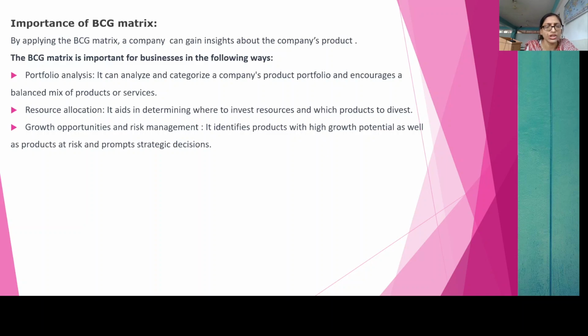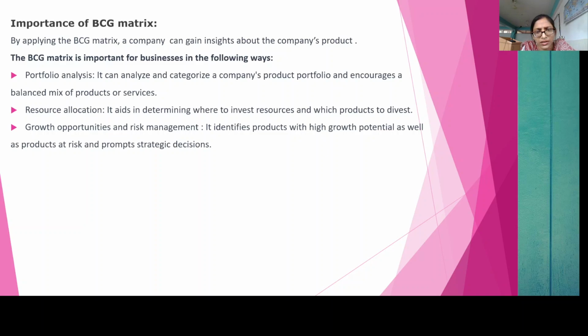For each division, each product line, they will have a better understanding, like portfolio analysis about the products, and of course resource allocation: how to allocate the resources or invest, or which products need to be divested. Then, growth opportunities and risk management.